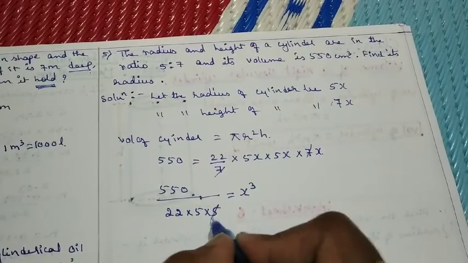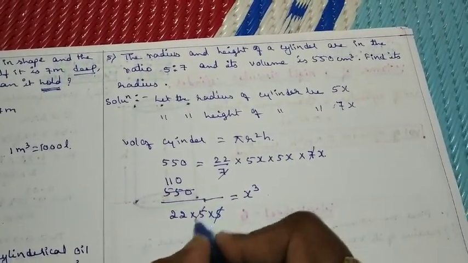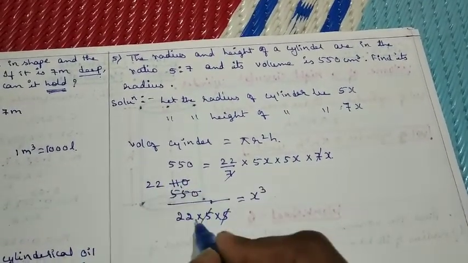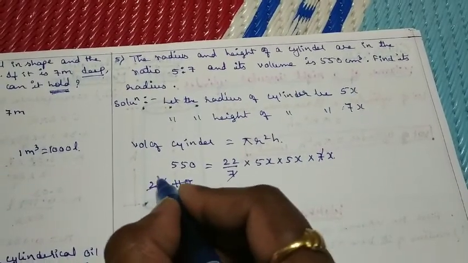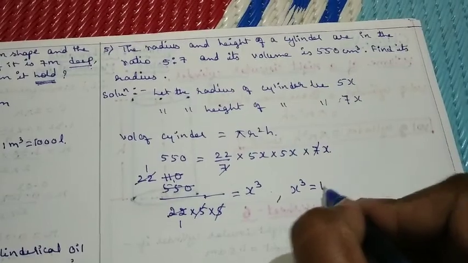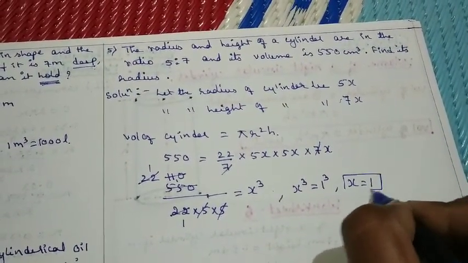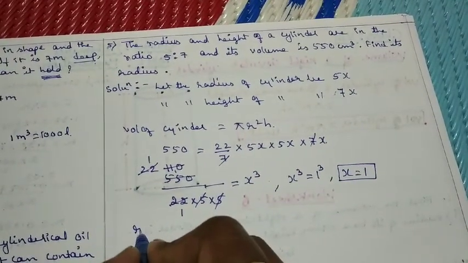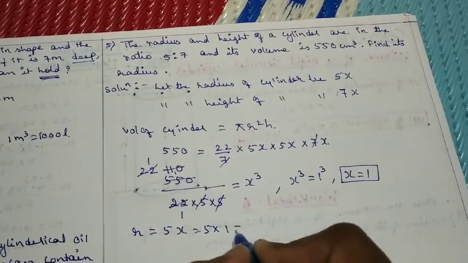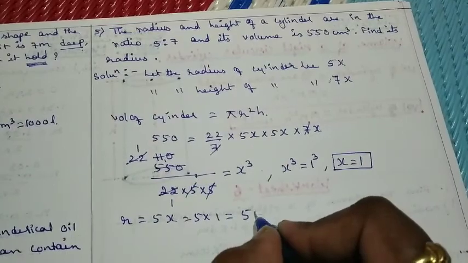Then 5 1s are 5, 11s are, and 0 as it is. 5 1s are 5, 5 2s are 10, 1 remains, 5 2s are 10, then 22 1s are 22. So we get x cube equal to 1 cube, then x equals 1. So the constant ratio is 1. Then radius becomes 5x, that is 5 into 1 equals 5, and the unit for the volume is given as centimeter cube, so centimeter.